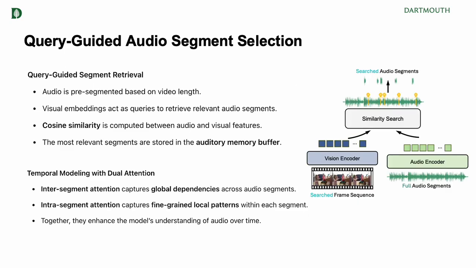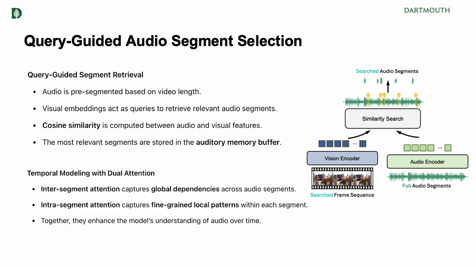Our audio memory module is designed to selectively return segments that are both semantically relevant and temporally informative based on visual content. Rather than using the language query directly, we use the visual embeddings as the retrieval anchor to guide audio segment selection. This reflects the idea that what you see often informs what you hear.